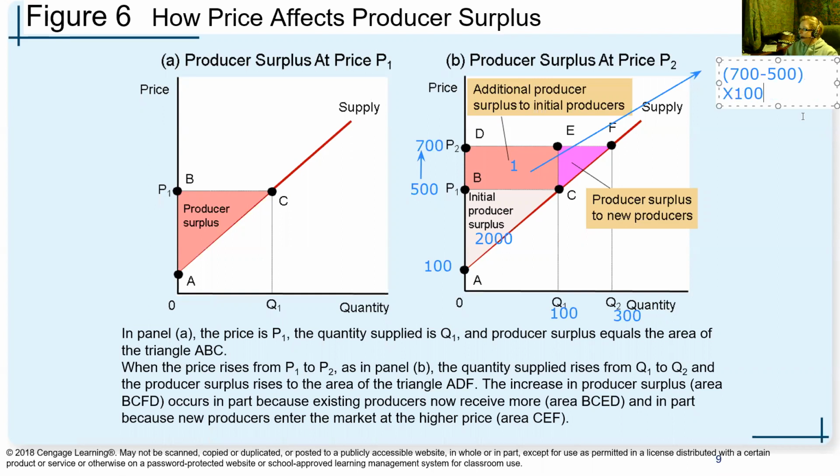And if you didn't see where I got the width from, here's my 700 minus my 500, and then times 100, because this is 100 here. And I'm looking for the area of box 1. So when I do that, I end up with 200 times 100, and that's going to equal 2,000. So we have another 2,000. Okay, so 2,000 is the additional producer surplus to initial producers.